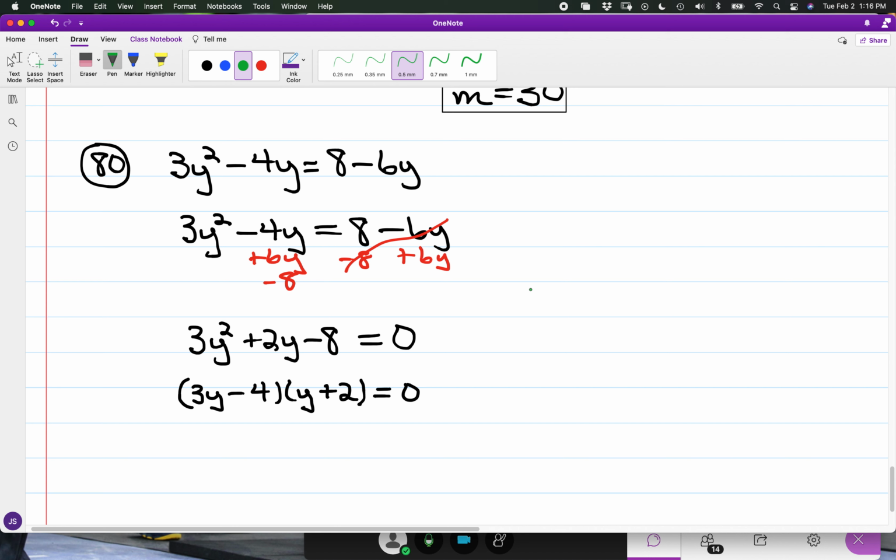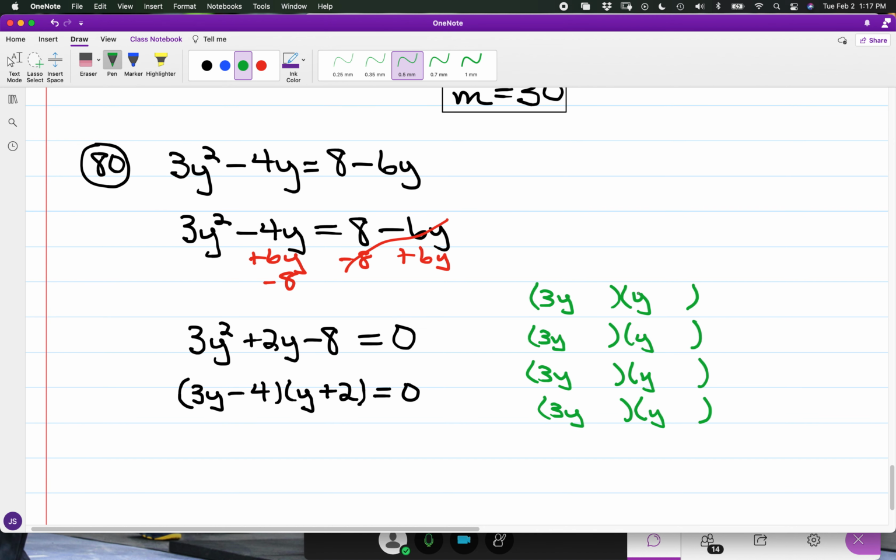Now I'll just mention this. I can run through this right quickly. So you have your combinations of negative 8.